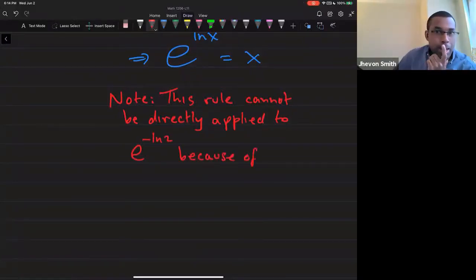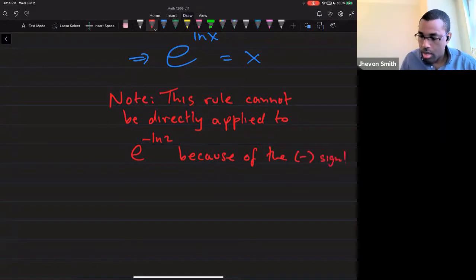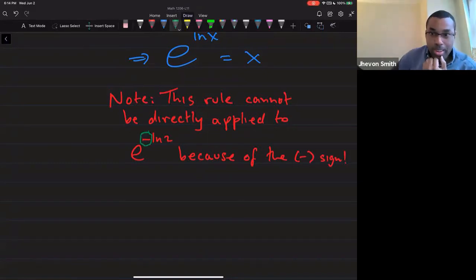What's the issue? The negative sign? The negative sign, right? Okay. You see the fact that there's that guy there is an issue.